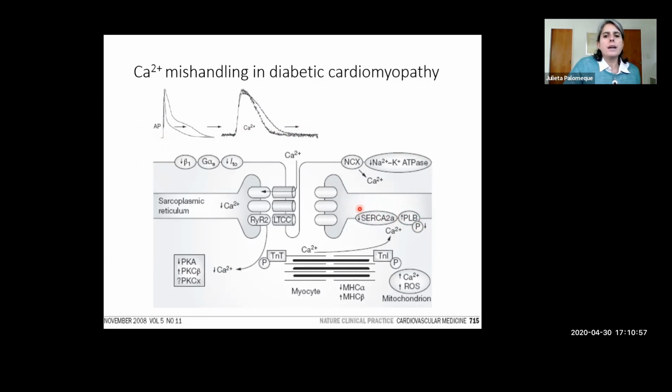So the reuptake of calcium in these myocytes is very low, and then the sarcoplasmic calcium content is decreasing. Moreover, there is a leak from ryanodine receptors 2, and this calcium is promoting apoptosis or arrhythmias or other disorders in diabetic cardiomyopathy.